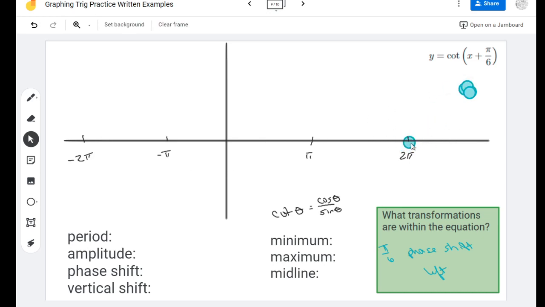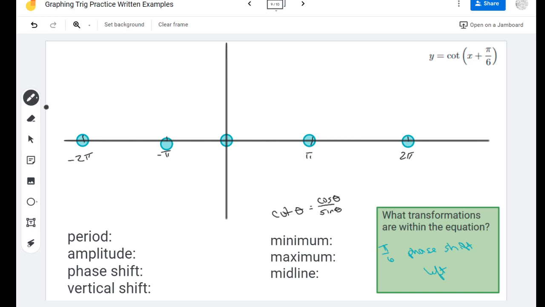So normally we would have asymptotes here at these points, because that's where the sine is 0. But this is saying that we're going to be scooting everything to the left by pi over 6.